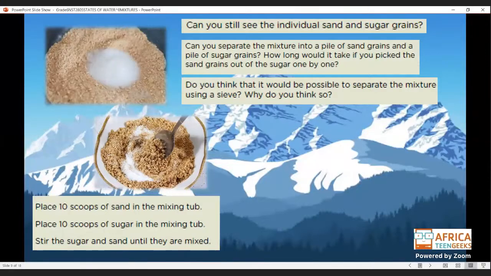So you're heating up your leftover water from washing the sand and the sugar, all right? And then once the water is evaporated from the sugar, you have your sand on the one side, and then you have your sugar left from the evaporation process. Does that make sense?